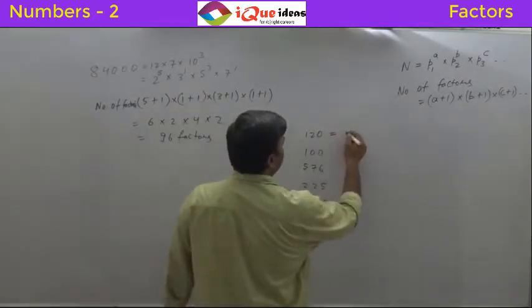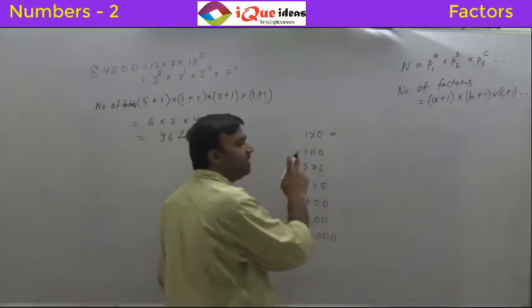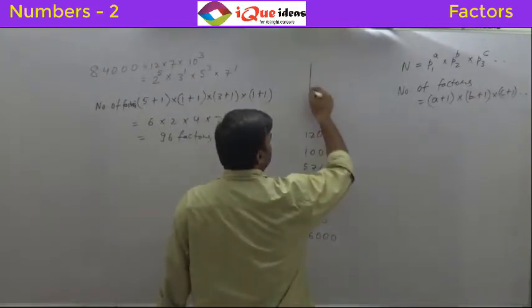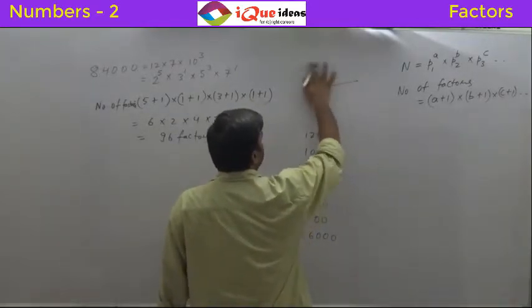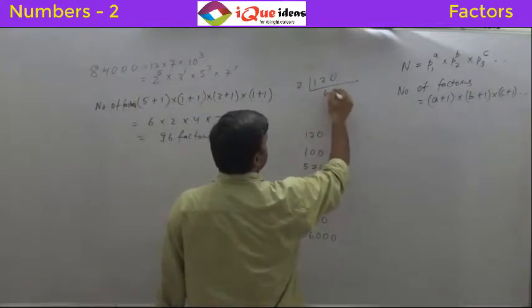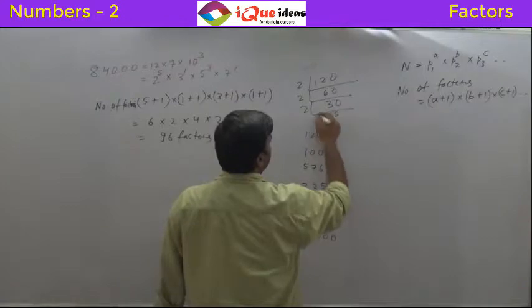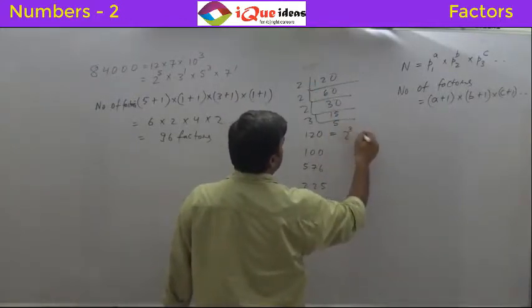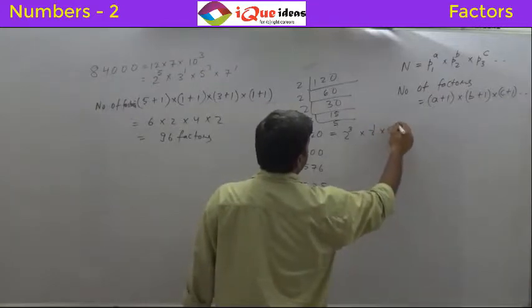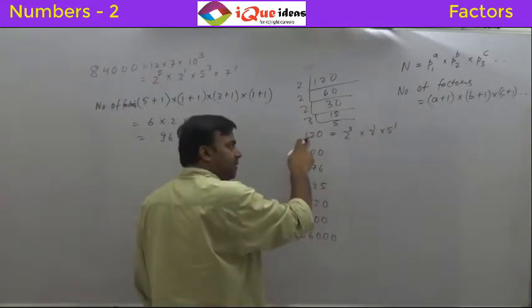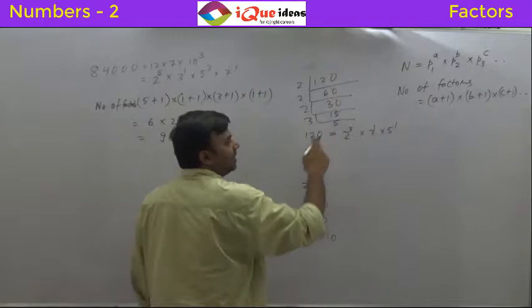Now 120, if you factorize it to the prime factors, I've already explained the method of factorization. Either this method, 120, you take out common 2, 60, then 2, 30, then 2, 15, and then 3, 5. So we have 2 cube, then 3 to the power 1 into 5 to the power 1, or 12 into 10, and then further 12 can be written as 2 cube, and 10 can be written as 2 into 5.